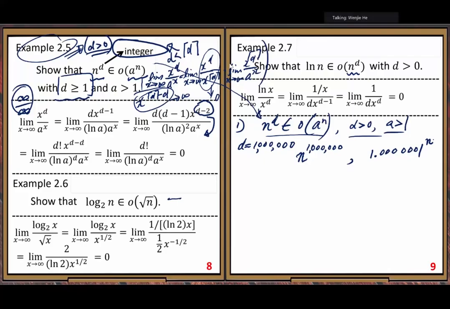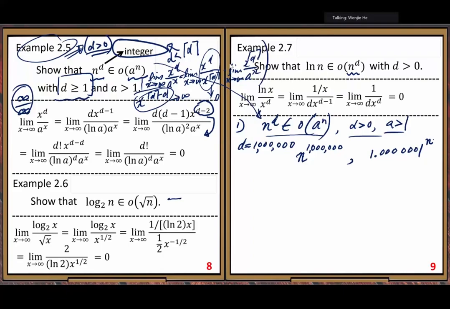Because we mainly consider extremely large n; for small n we don't worry.